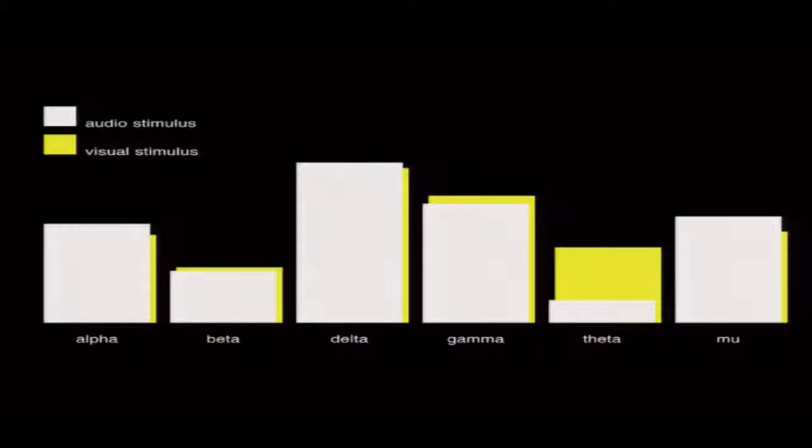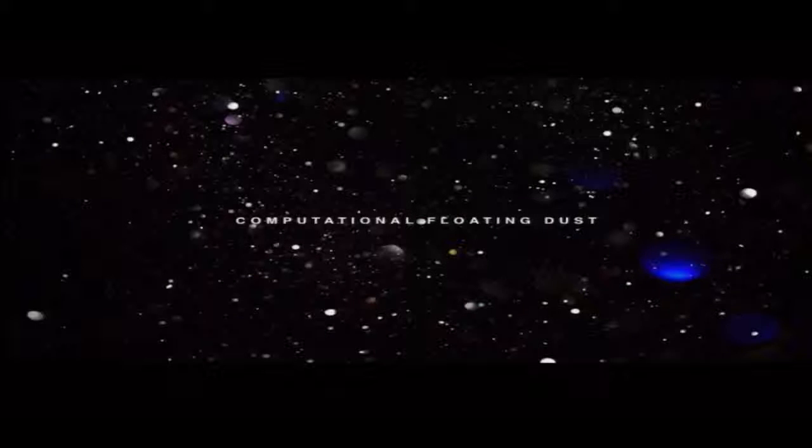That's the whole point of the exercise: to have a system as opposed to just individual images that flash up on the screen. The system that turned out to be the best, as I was ramping up complexity over and over again, is a computational floating dust system. This is the term that I've given it.